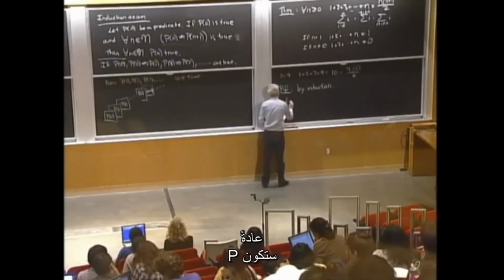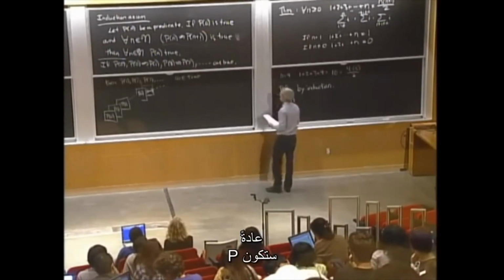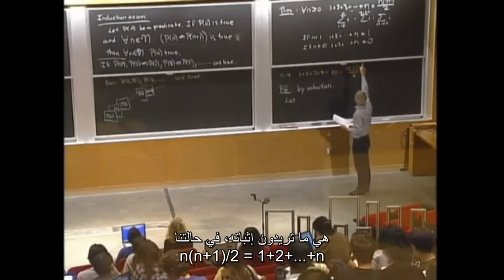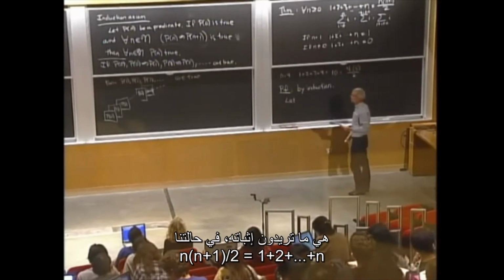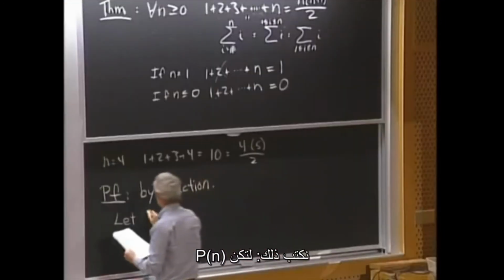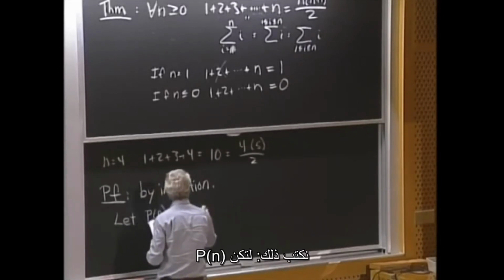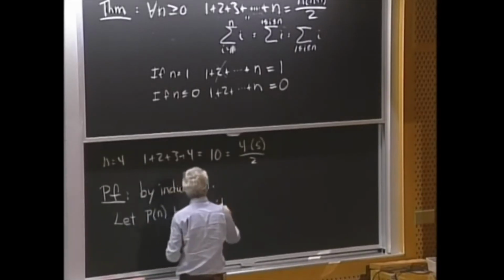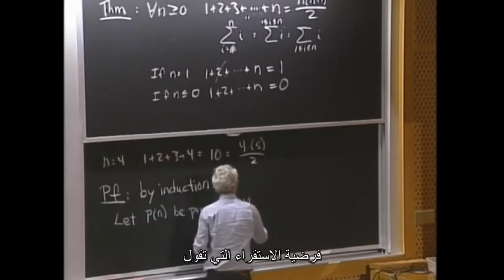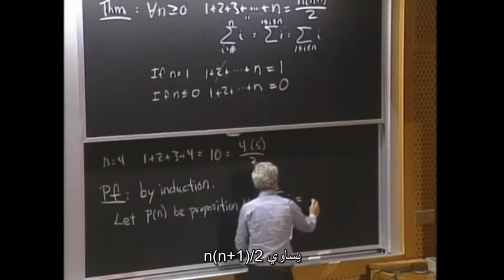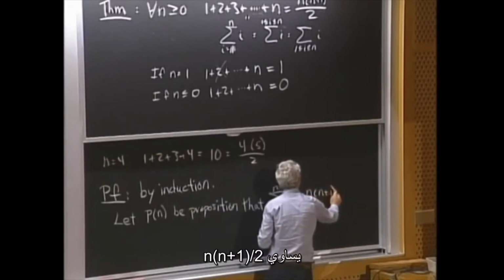All right, so usually P will be the thing you're trying to prove, namely that 1 plus 2 plus 3 up to n is n times (n plus 1) over 2. And you state that. You say, let P of n be the proposition, the predicate, that the sum from i equals 1 to n of i equals n times (n plus 1) over 2.